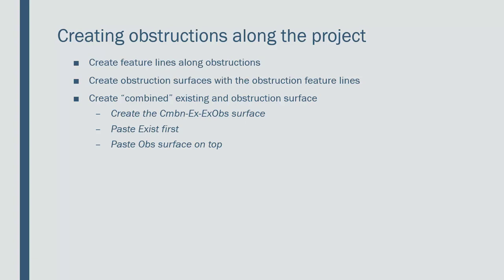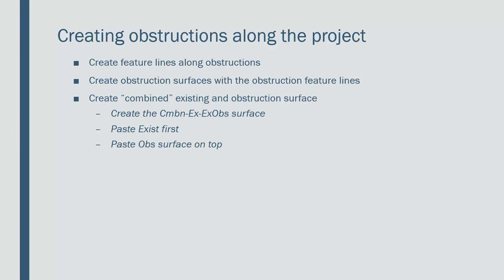Maybe it's in a line of trees that is too close to the road, maybe it's some buildings, something that's close and could create obstructions along a roadway. Then we're going to create an obstruction surface from those feature lines and then combine that with the existing surface and create a final combined obstruction surface.